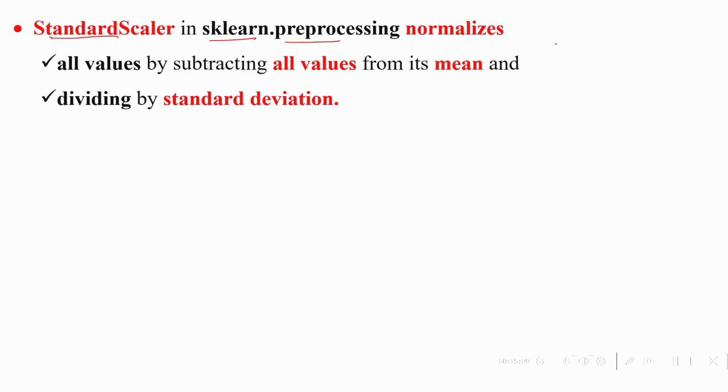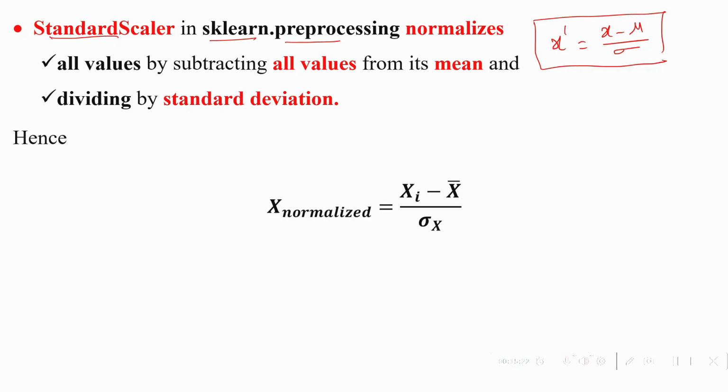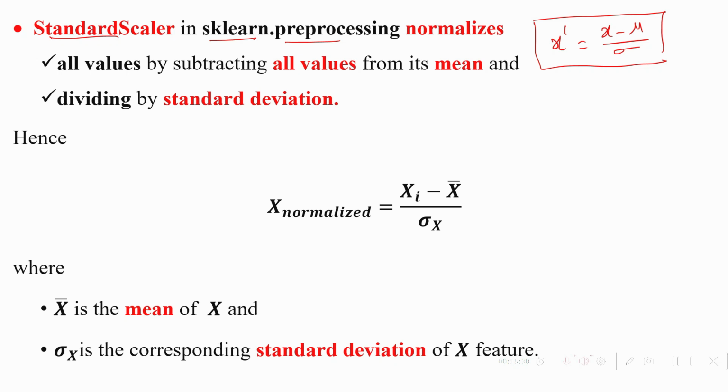Already you know the meaning of x' equals (x minus mu) by sigma. This is our standardization. So x normalized equals (xi minus x bar) by sigma of x, where x bar is the mean of x and sigma of x is the standard deviation of the x feature.